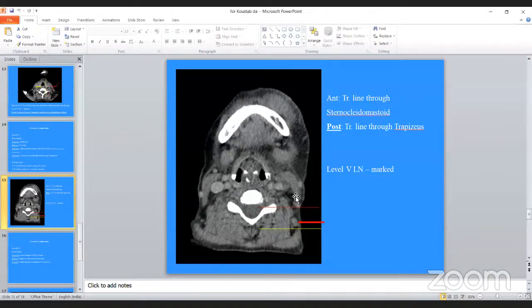This is the sternomastoid muscle. The posterior margin of the sternomastoid, this is the trapezius muscle, to the anterior margin of the trapezius. This is the level of the level 5 lymph nodes that we take into consideration radiologically.